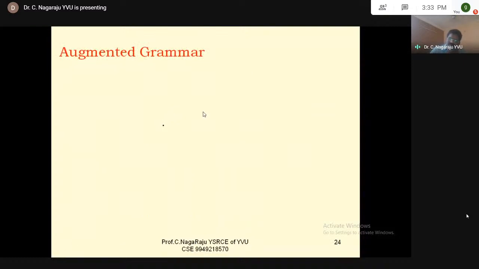When you have to use bottom up parsers, you compulsorily have to convert the context free grammar to an augmented grammar.